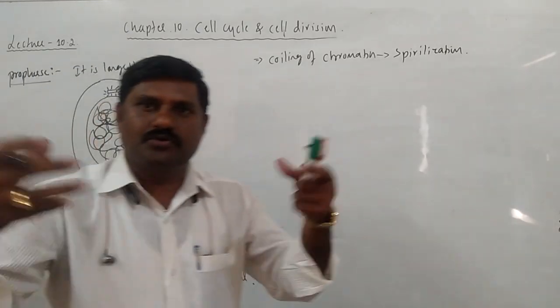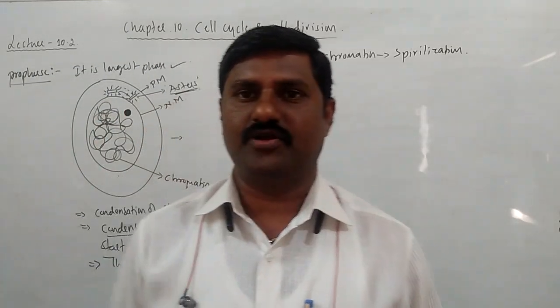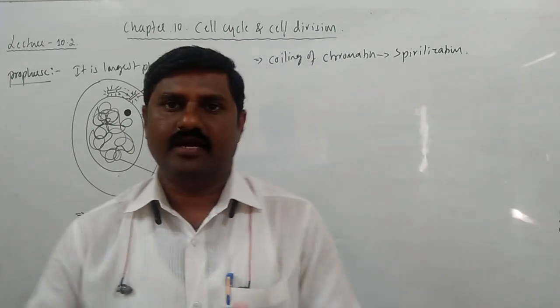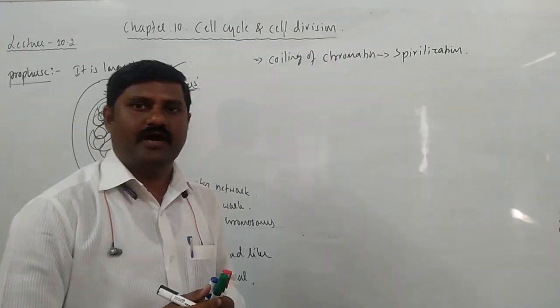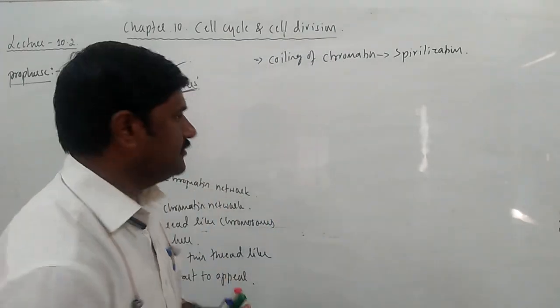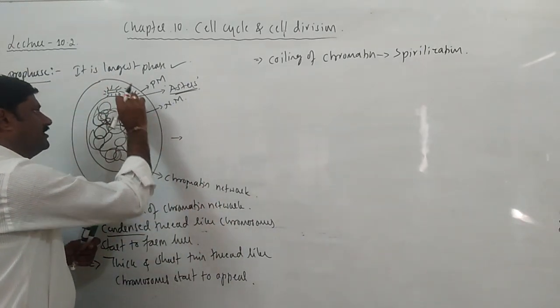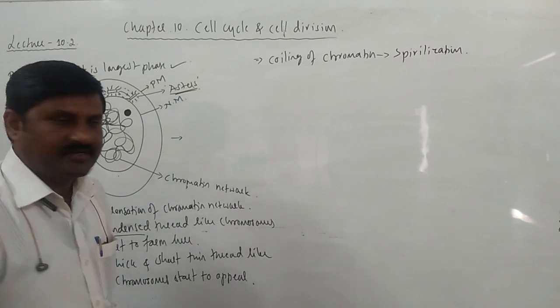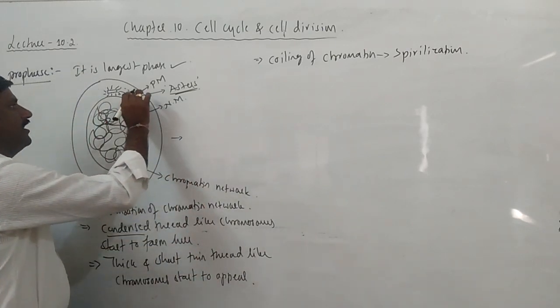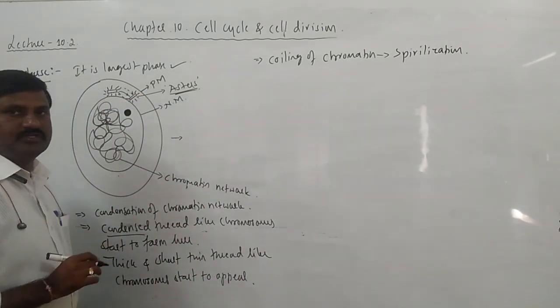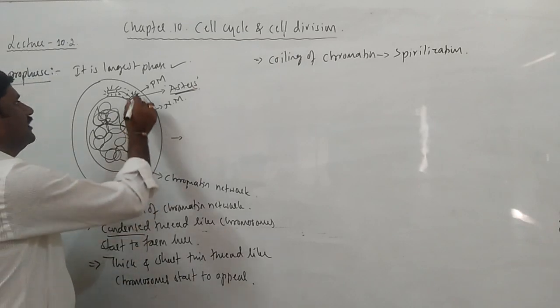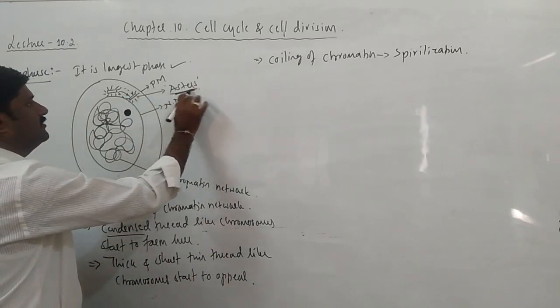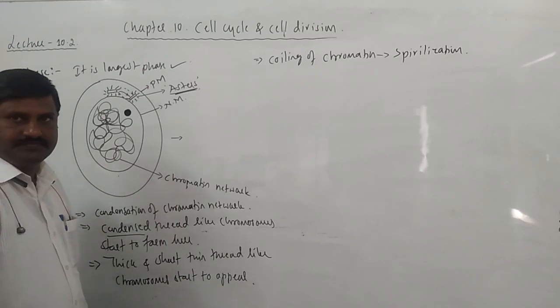They radiate small microtubules from themselves, and both of them start to move apart towards both the poles. One remains here, another one starts to move over here. As a result of the radiation of these microtubules from these centrioles, they look like stars, hence they are called asters.